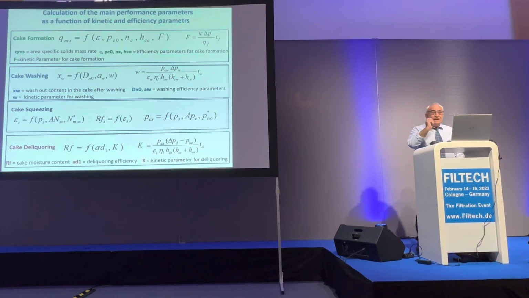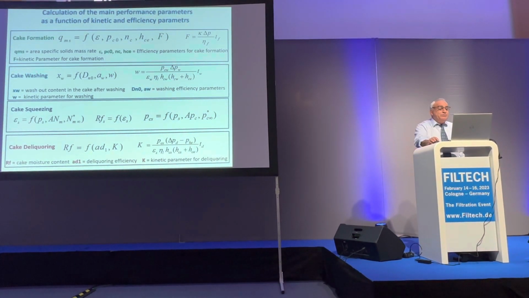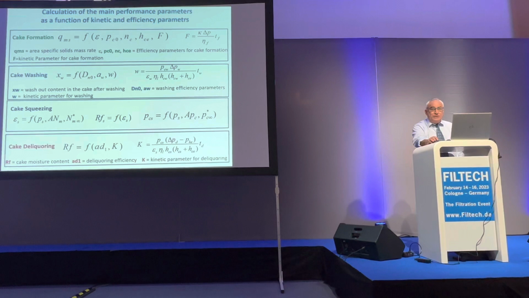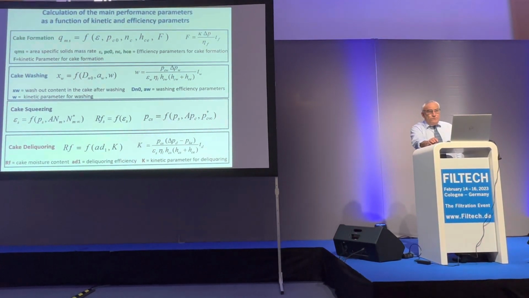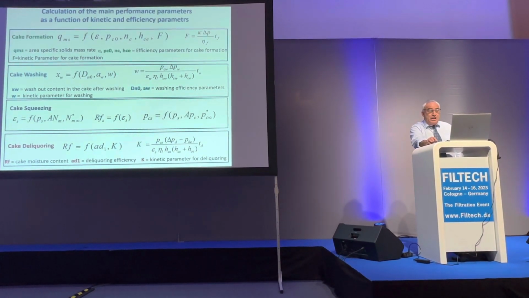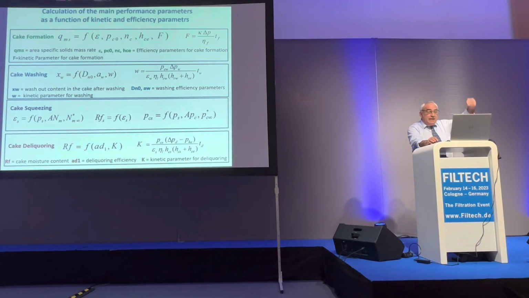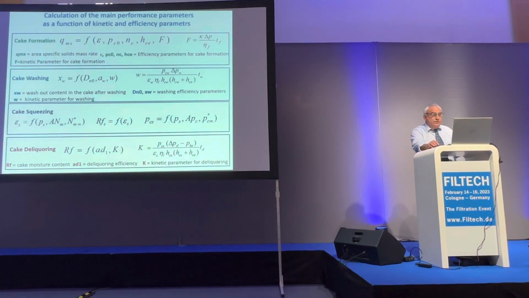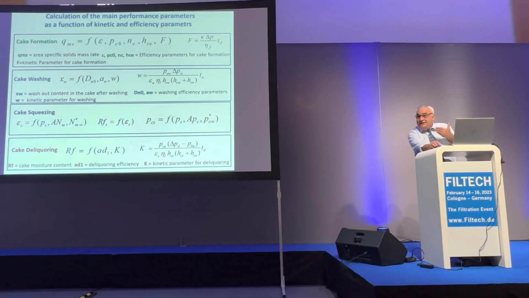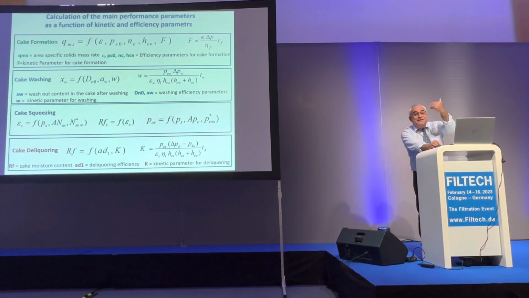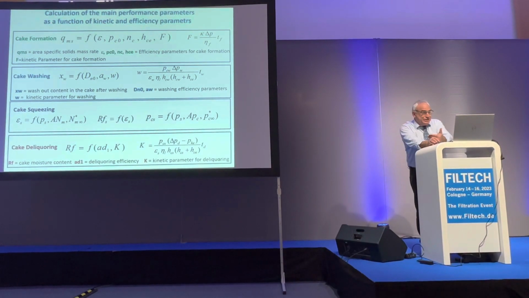Please note that these efficiency parameters for cake formation not only influence the cake formation, but also the other steps, washing and deliquoring. Why? Because these parameters are in the equation for calculating the kinetic parameter. It's understood, you see that.